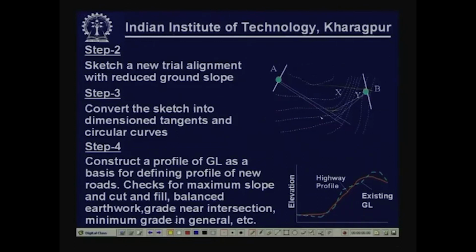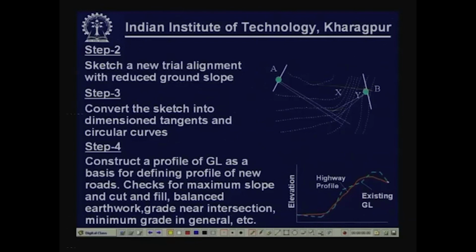Then step 4, construct a profile of GL as a basis for defining profile of new roads. Check for maximum slope, cut and fill, possibility of balanced earthwork, grade near the intersection, minimum grade in general, and so on. Here I have shown it.